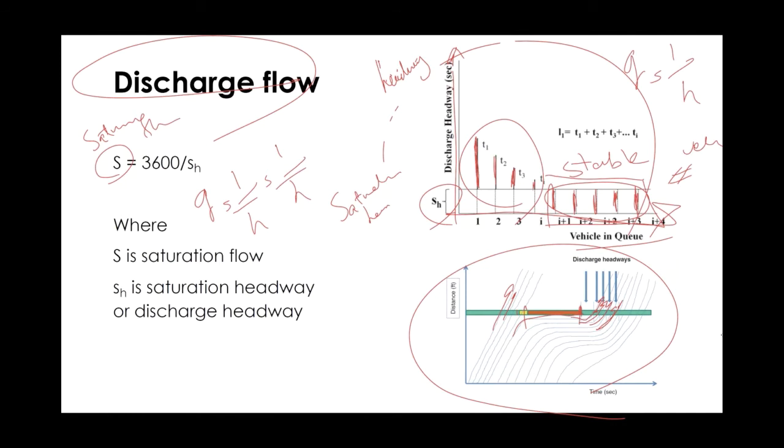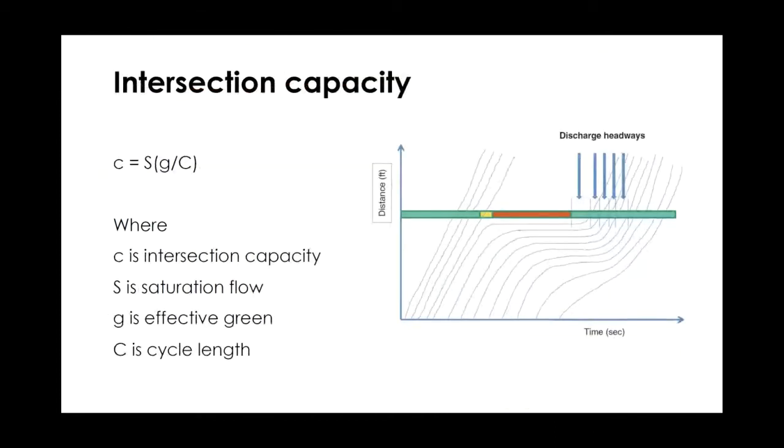Because we're talking about seconds here, if you want to convert that into vehicles per hour, we just need to multiply by 3,600, right? So that's how we get saturation flow, by observing the saturation headway.